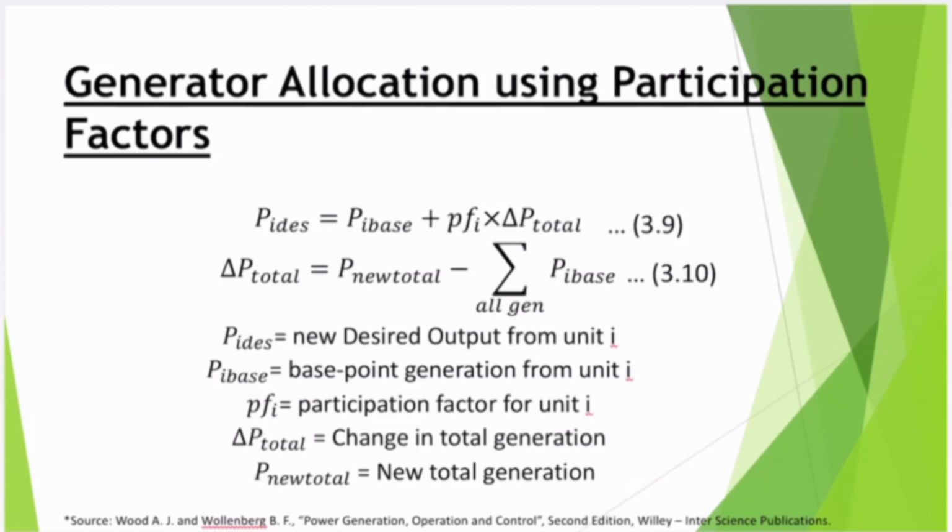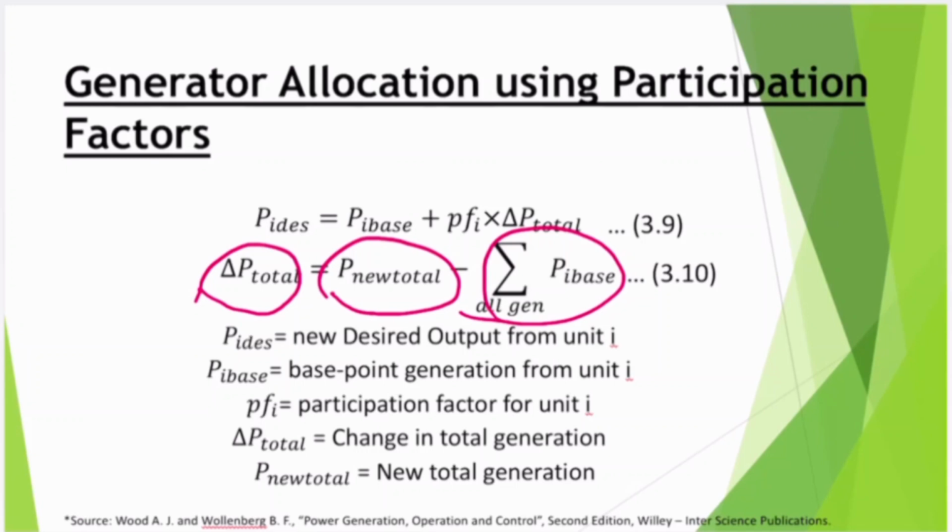Once again, repeating it, because this is a very important concept. First, you know the total power requirement, and you know how much all the generators are providing at this point in time. If your desired power is increasing, there is a gap between what you require and what is available to you. From there you calculate delta P total.